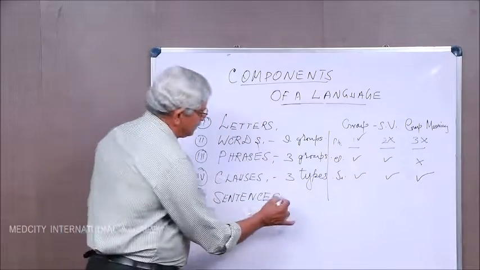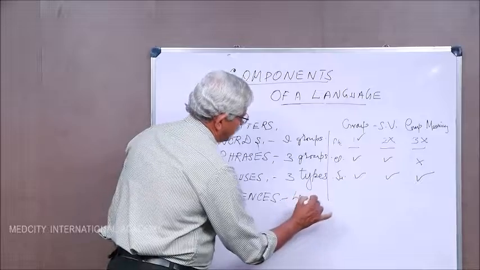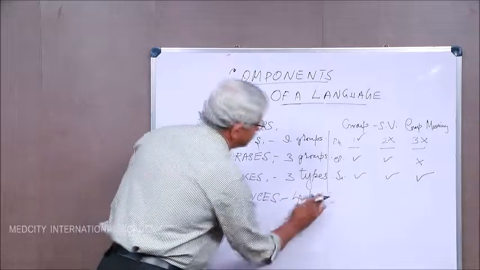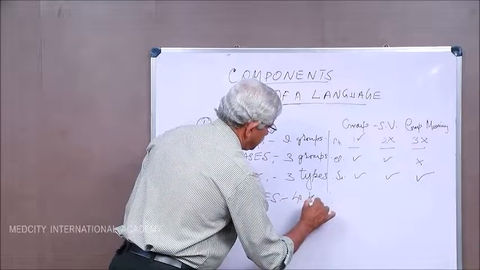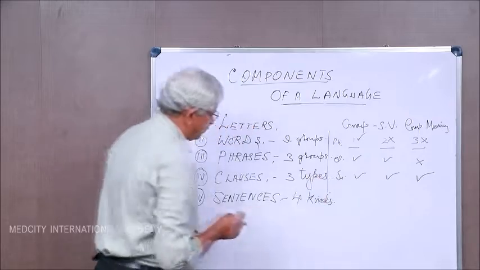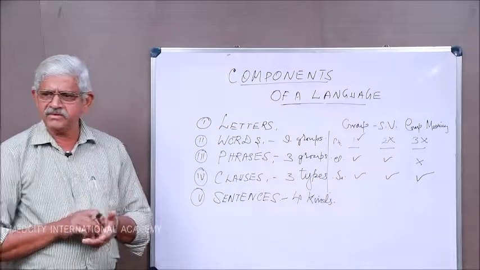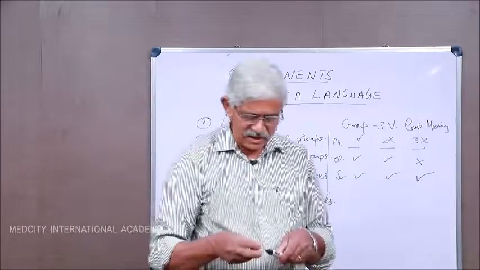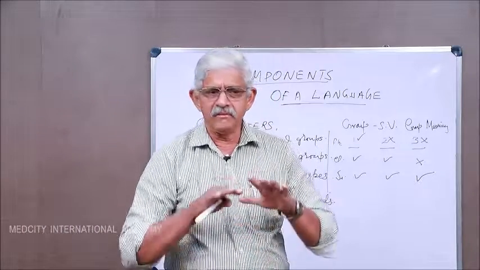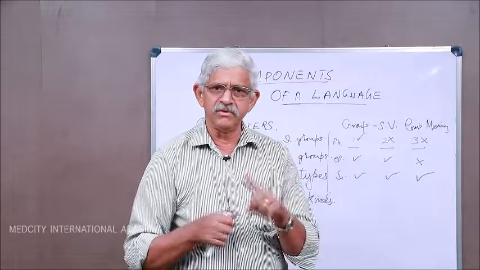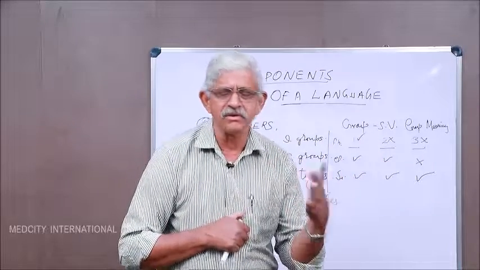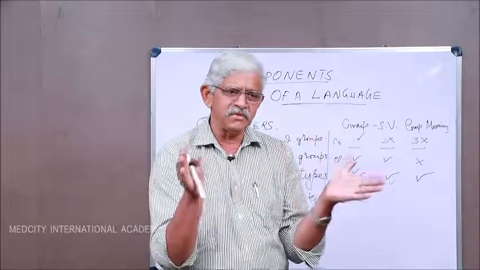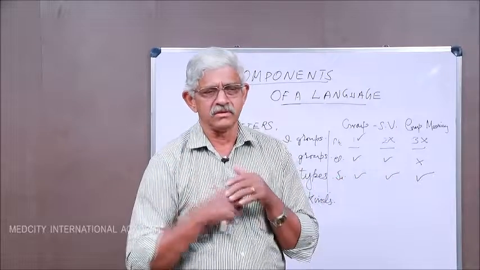And again, there are 4 kinds of sentences, and I am sure you will have heard about these 4 kinds. This classification is based on the nature of construction. When we make a statement, it is known to be an affirmative or declarative sentence. This we will study in another episode. When we make a question, it is an interrogative sentence.